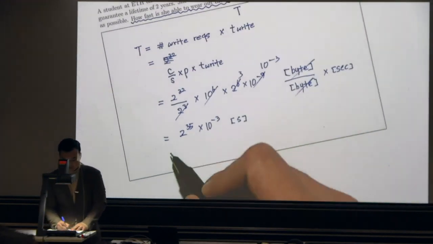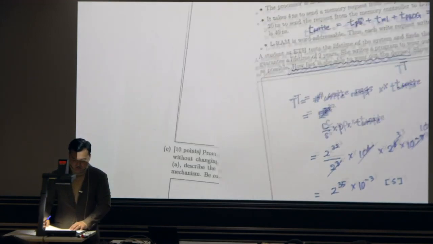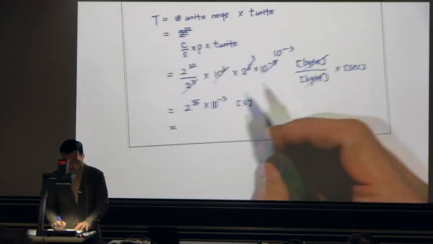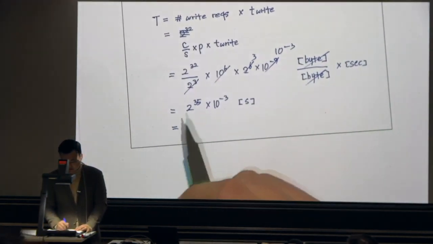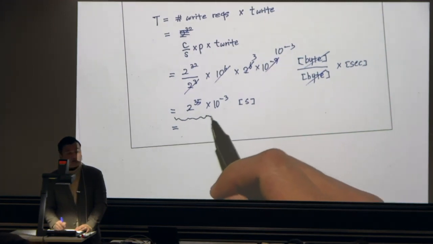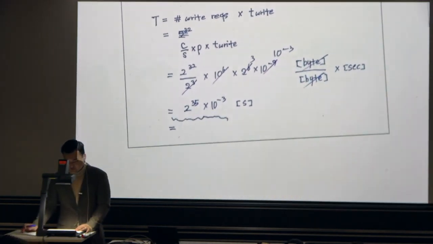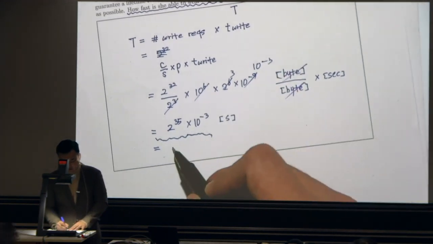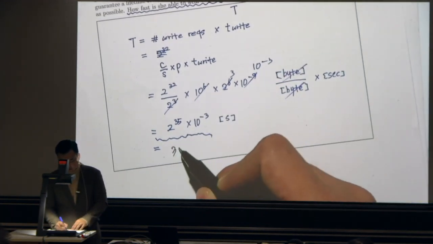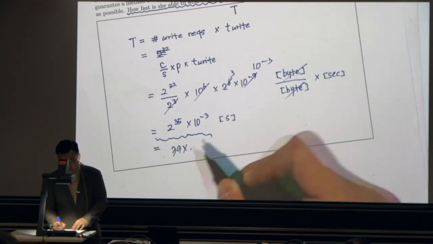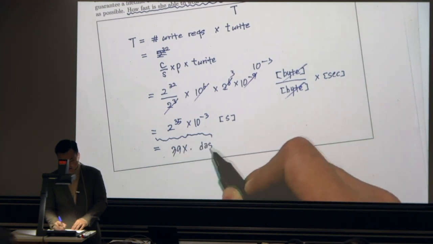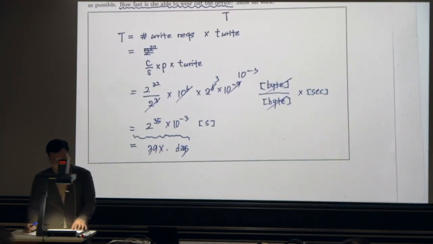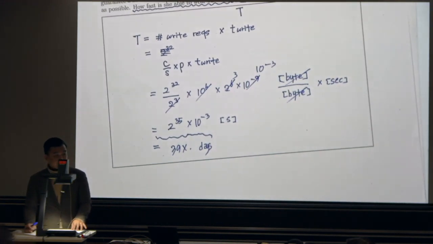So the final form, is it okay to put just this value for the final answer for this question? And as I remember, this is just 300 something days. So it cannot guarantee the target lifetime at all.